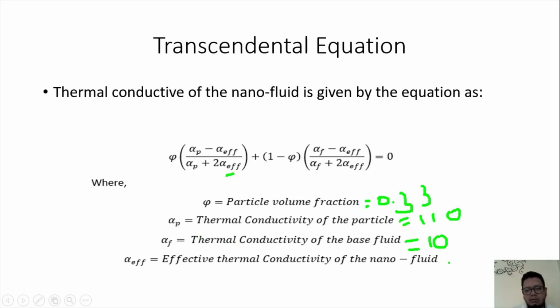So what is the effective thermal conductivity of the nanofluid? The base fluid is water and the nanoparticle is copper. You know the copper thermal conductivity, you know the base fluid thermal conductivity, and you know the volume fraction, 0.33, at which you are mixing copper nanoparticles.